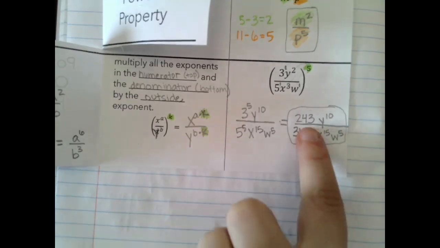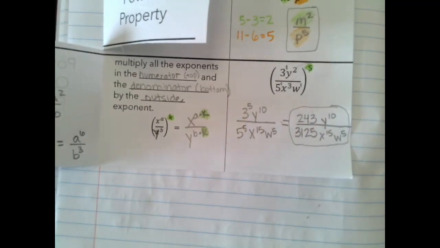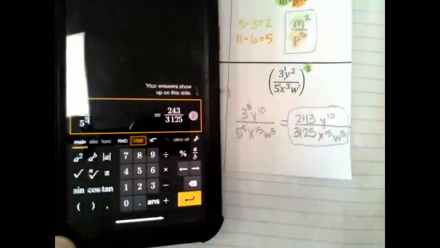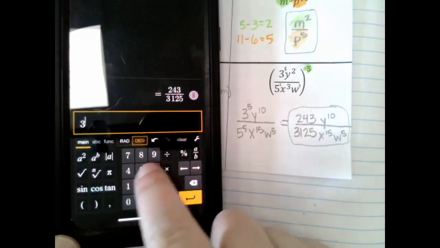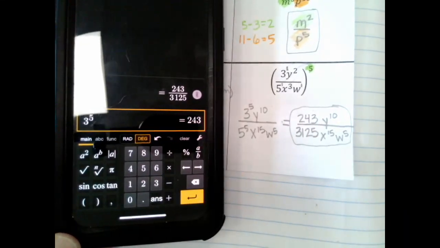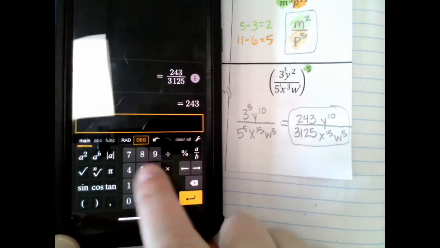And again, to find those, you can just use your calculator. If you did it separately, that would be fine. You would just do 3 to the 5th power, and we get 243, and 5 to the 5th power.